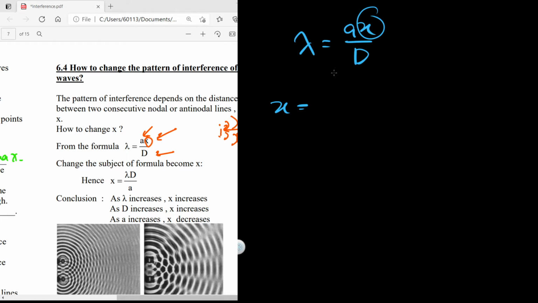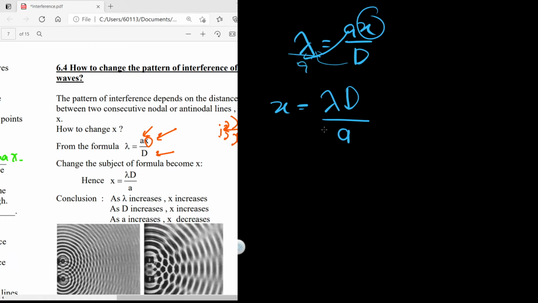Lambda D, you bring to this side: division becomes multiplication. And then A, from this side, we want to change to the left-hand side, it becomes division. So X equals lambda D over A.